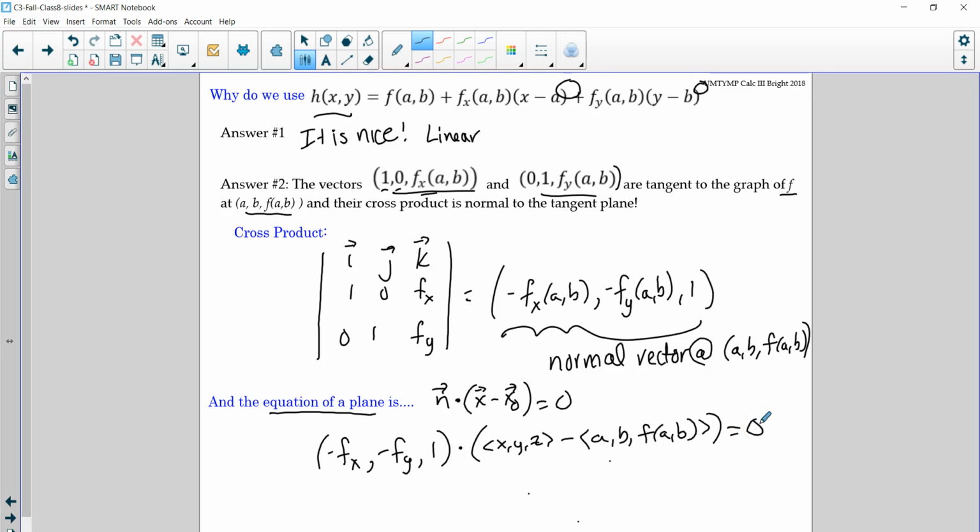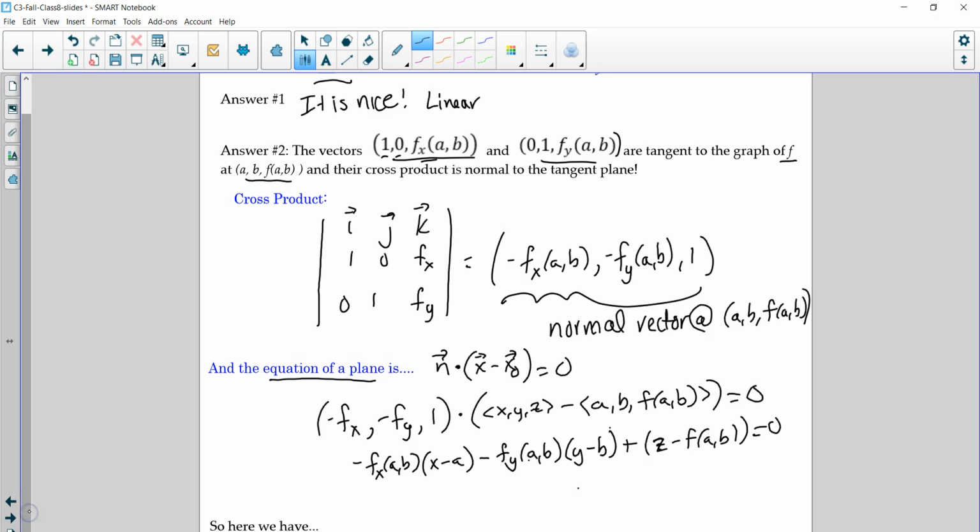And what I get is, let's see, negative f sub x at (a, b), and here I'm going to include the notation, times x minus a, and then minus f sub y of (a, b) times y minus b, and then plus z minus f of (a, b), is equal to 0. Oops, that should be minus, I'm sorry.